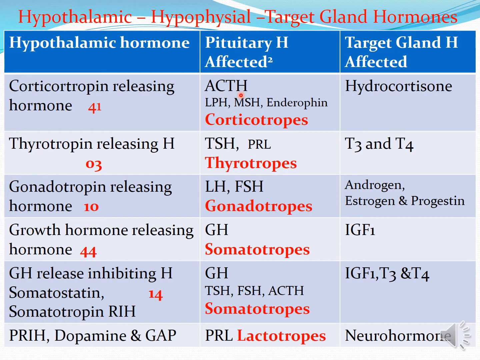The release of ACTH is primarily controlled by corticotrophin releasing hormone or CRH, but a number of other hormones including antidiuretic hormone, catecholamines, VIP, and angiotensin II may be involved.